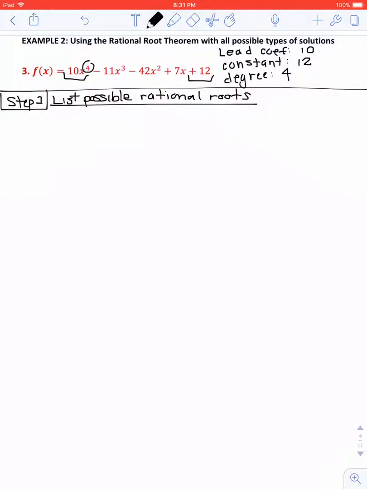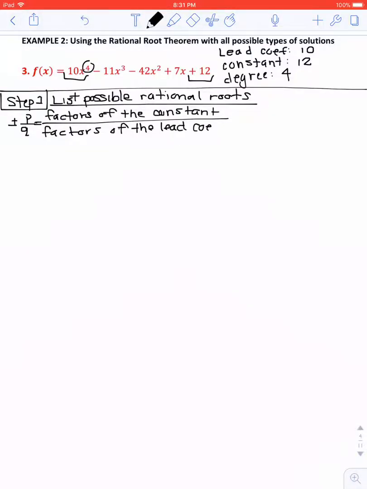We list those possible rational roots with plus or minus p over q, which represents the factors of the constant over the factors of the lead coefficient.